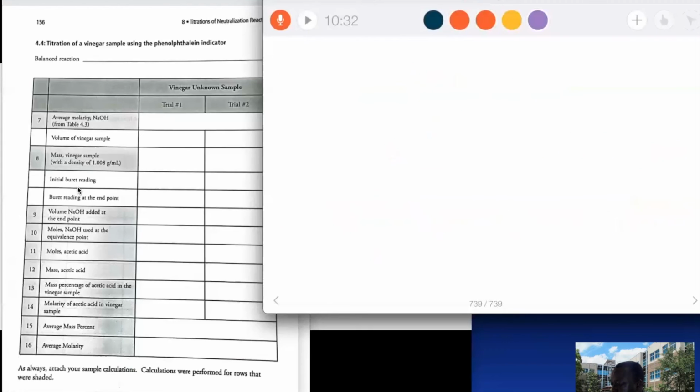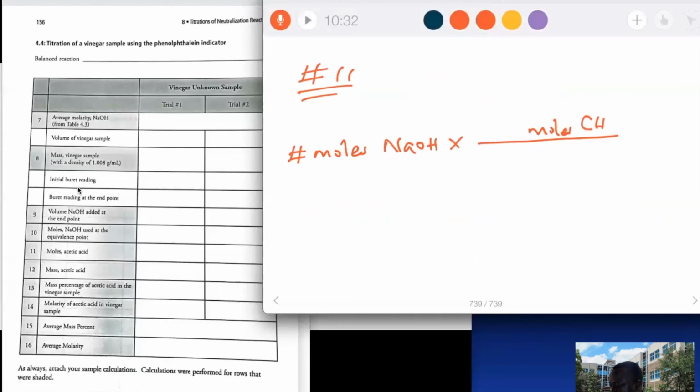So if you want to show your calculation for number 11, we're still on 11, it will be the number of moles of NaOH times moles of CH3COOH, this is acetic acid, over moles of NaOH. And if you look at it, it is 1 to 1.